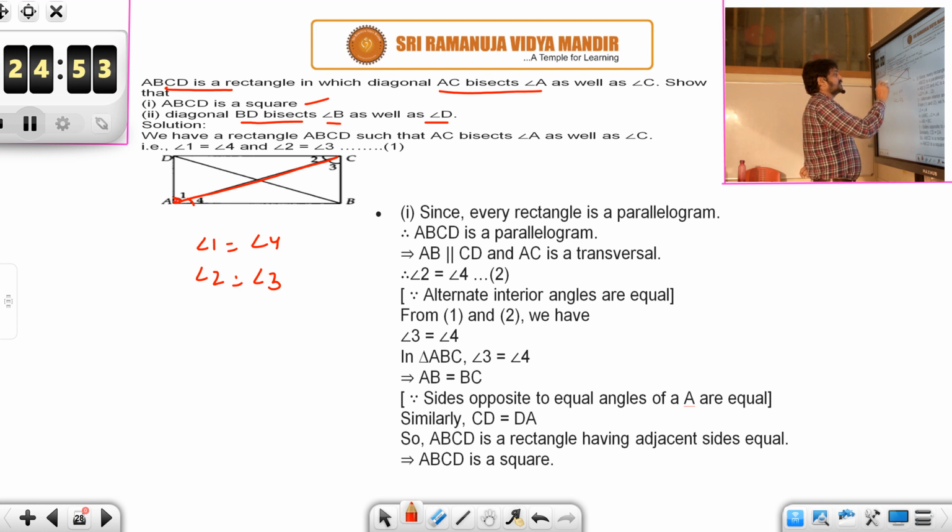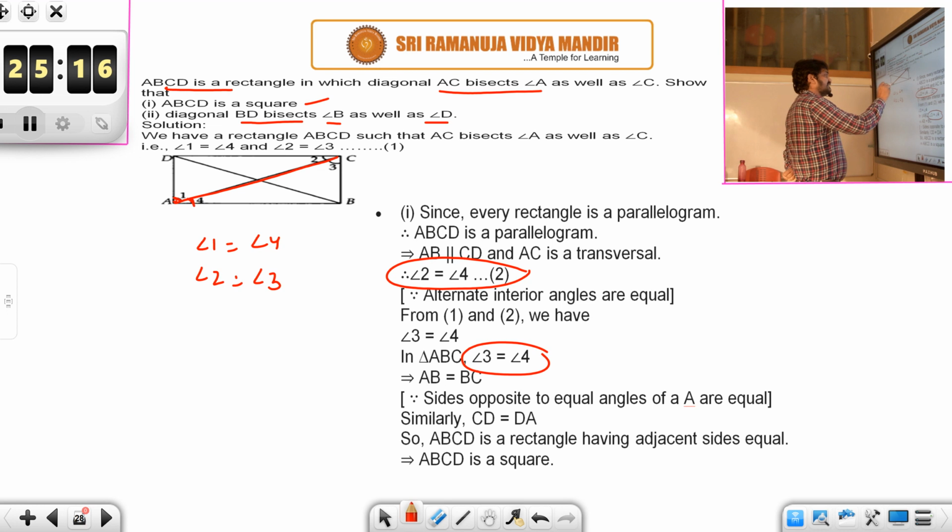So, if you consider DC and AB as parallel lines and AC as a transversal, then angle 2 is equal to angle 4, alternate interior angles. Similarly, angle 1 will be equal to angle 3. Okay. So from all these you could say that the angles are equal to each other. So, angle 3 is equal to angle 4.